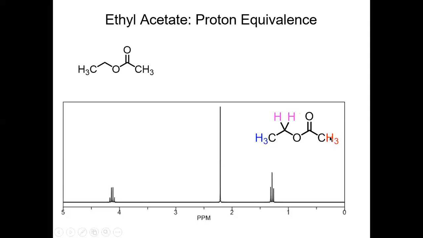And so therefore the equivalent hydrogens are all going to show up under the same signal. The same with these 2 hydrogens. They are equivalent to each other, but they're not equivalent to the blue or the red. And so these are going to show up under the same signal.